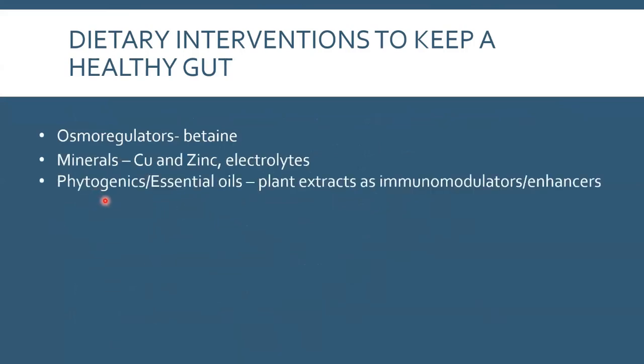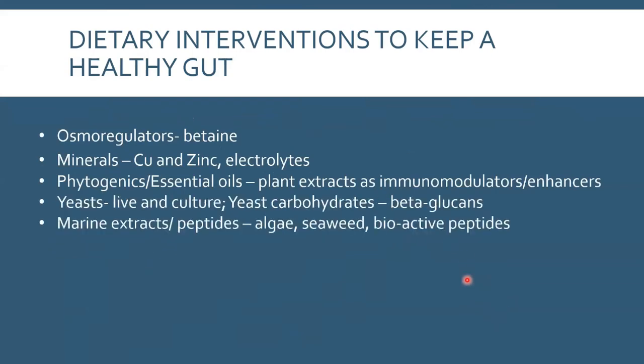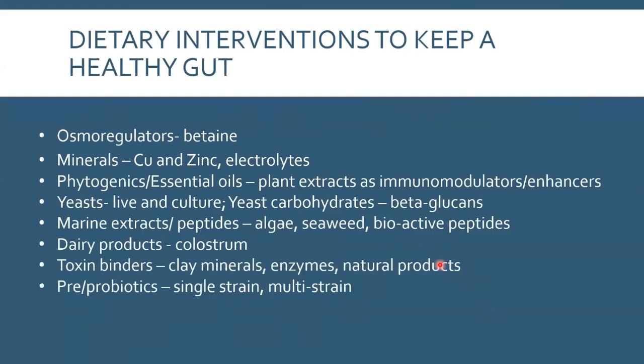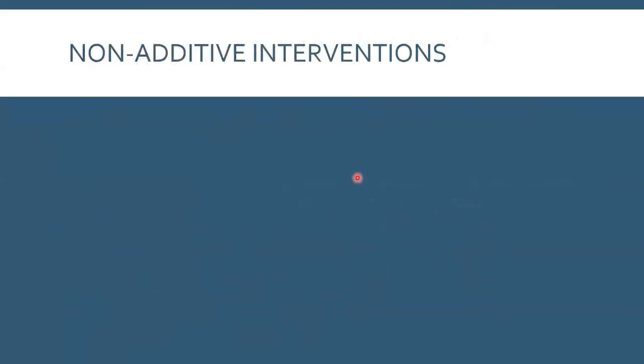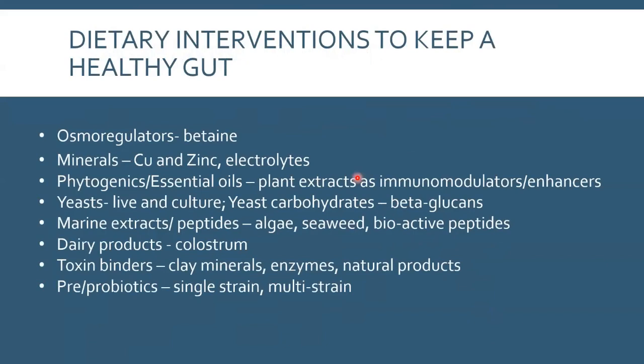We use trace minerals, phytogenics or essential oils, yeast, marine peptides, dairy products, toxin binders, prebiotics, probiotics. So we have a lot of dietary interventions, or we shall call them dietary feed additives or product solutions.